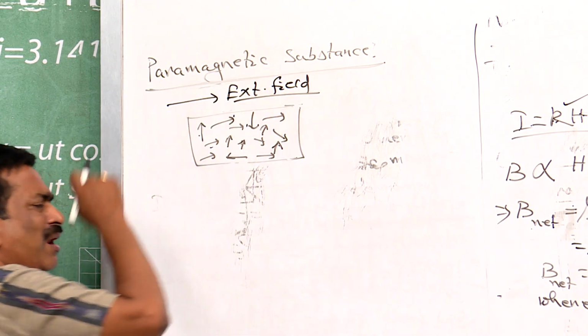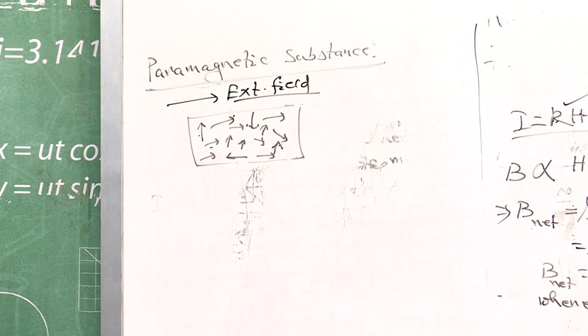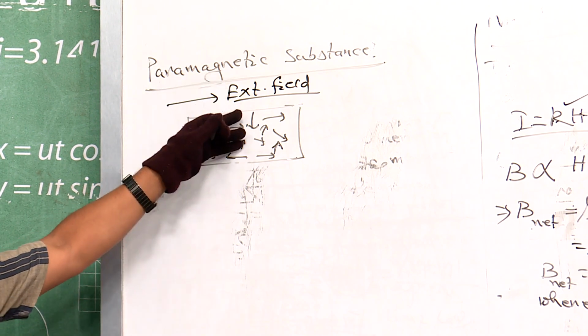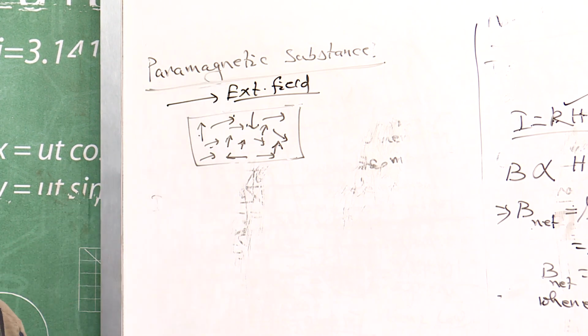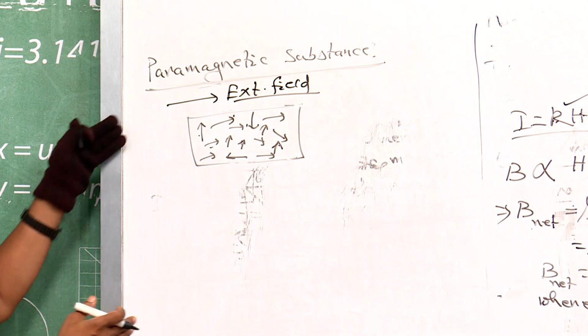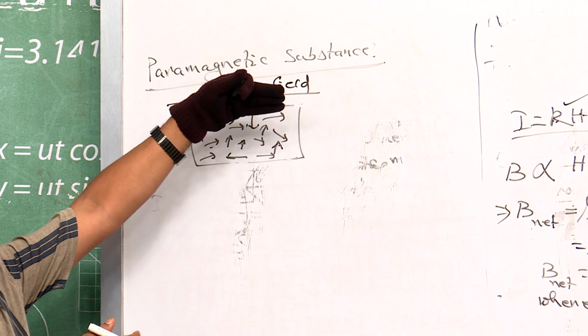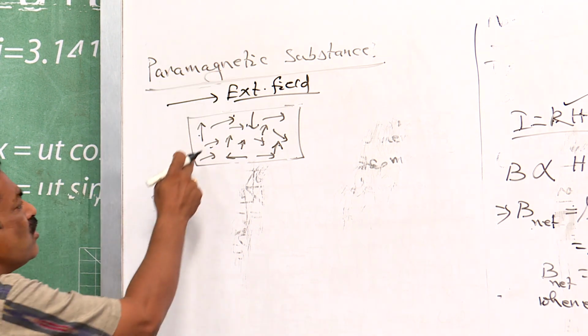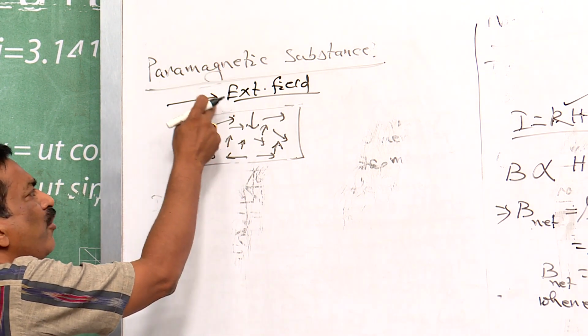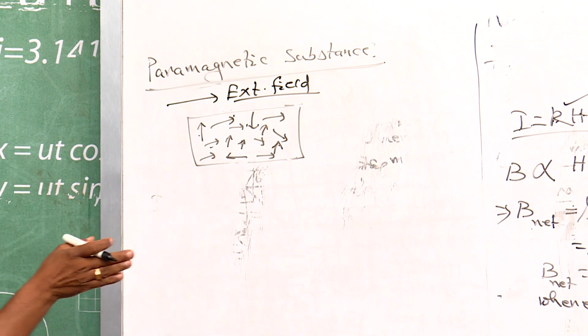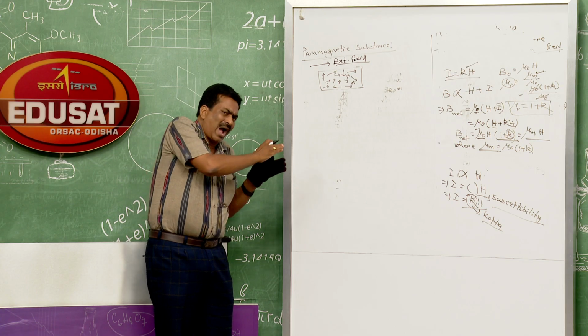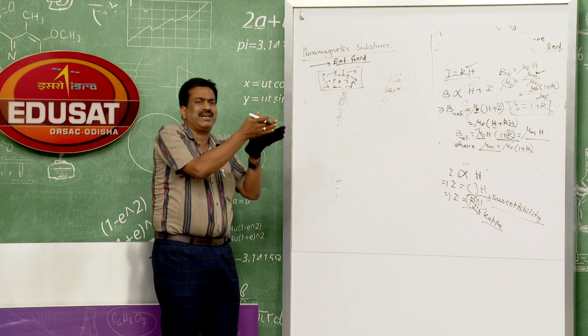When the external field is applied, what will happen? This external field will make the dipoles align in a particular direction. If the external field is acting towards the right, those dipoles which are not in that direction will try to align in that direction.